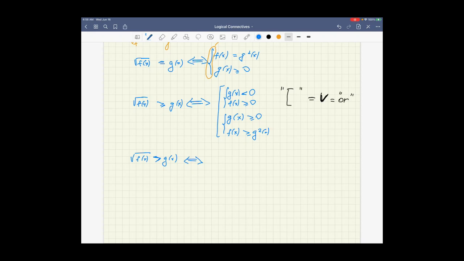If g is negative, it's enough for f to exist. But if g is positive, I can safely raise both sides of the inequality to the second power.